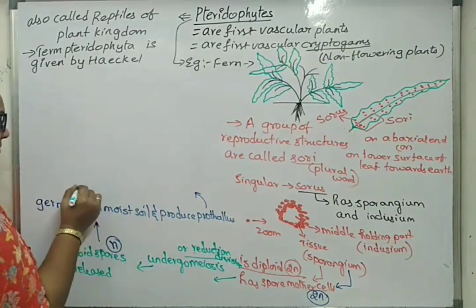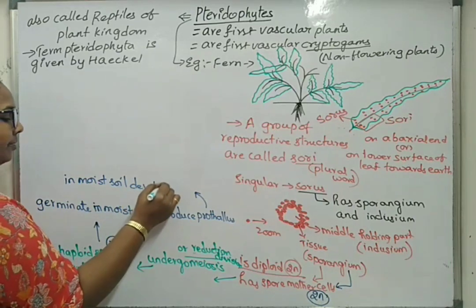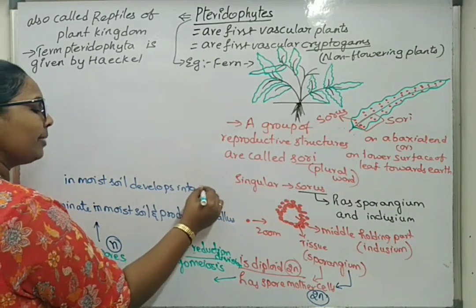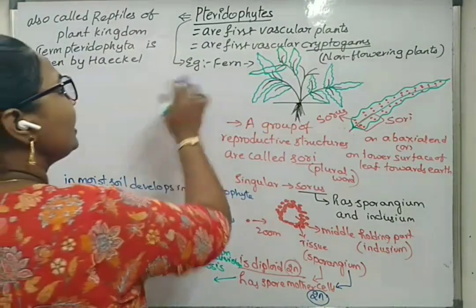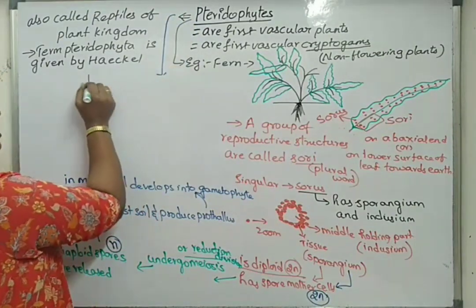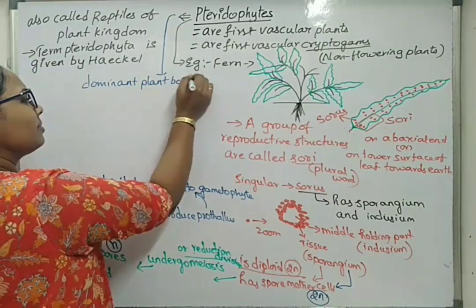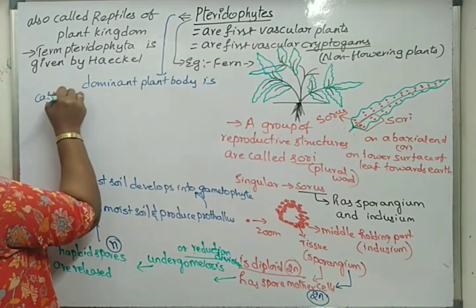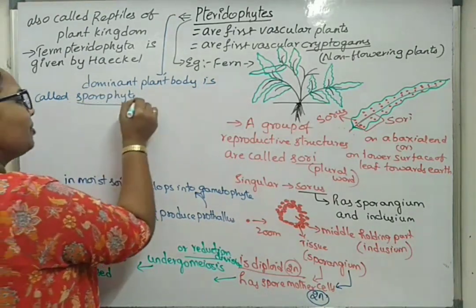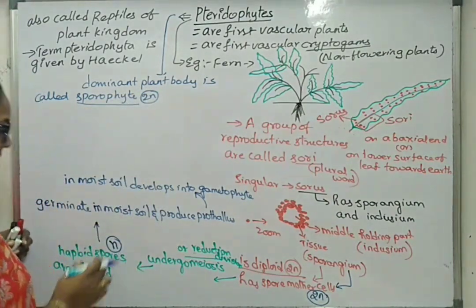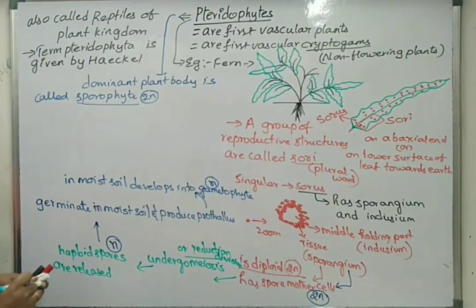This prothallus in moist soil develops into the gametophyte. In pteridophytes, the dominant plant body is called the sporophyte. The sporophyte is diploid in nature. Here the spores are haploid, so the produced gametophyte is also haploid.